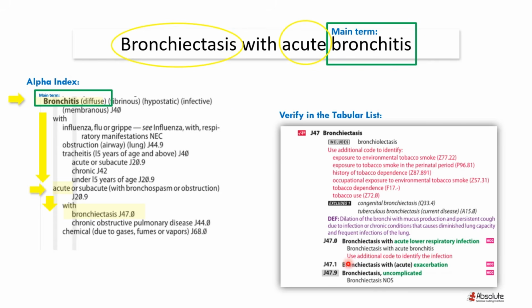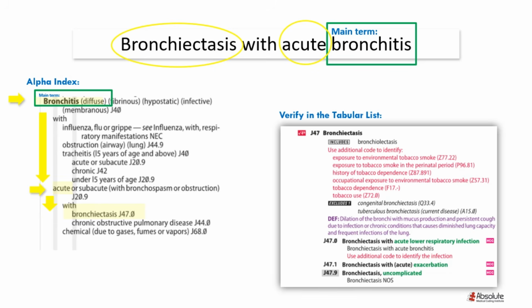And underneath it, we have an instructional note. It tells us to use additional code to identify the infection. Now, if the patient had maybe some kind of influenza virus like influenza A, adenovirus, or even some type of bacteria, you could code that as well. All right.